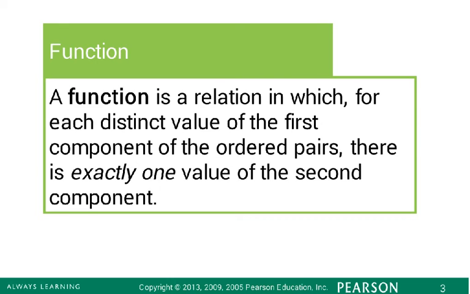The x value cannot go to multiple y values. Now, two separate x values can go to one y value, but not the other way around. So we'll look at some examples here in just a little bit.